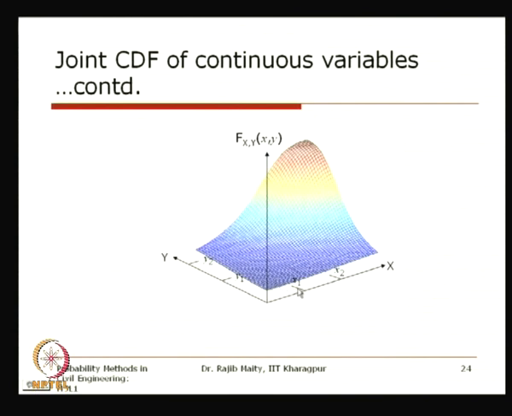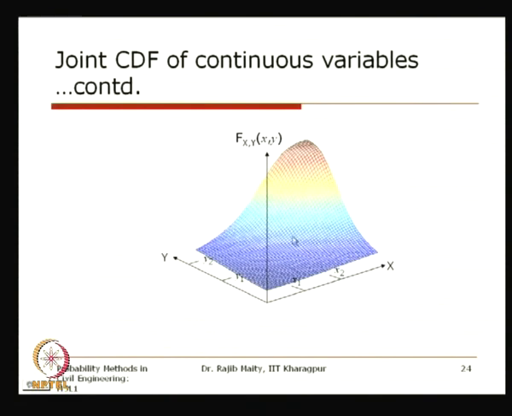If we add up these values, this will go on increasing, and since each and every value is being added, this surface will be non-decreasing for the combination x1, y1 and x2, y2.